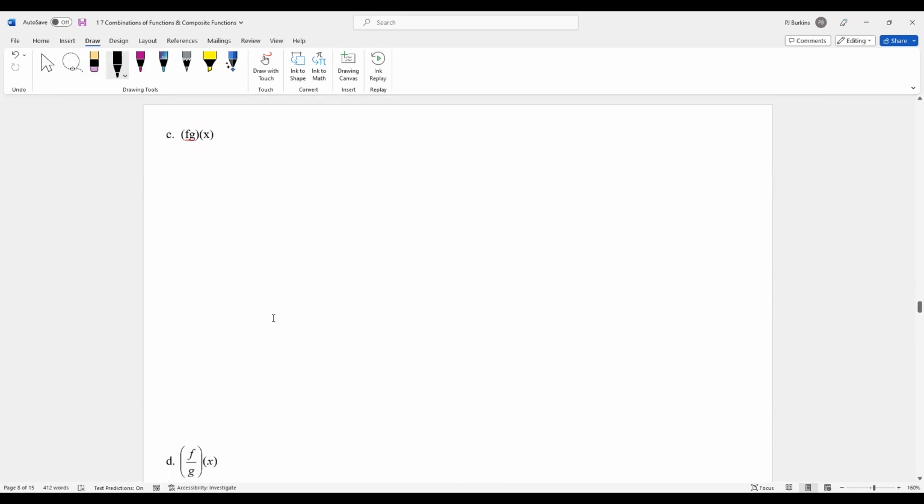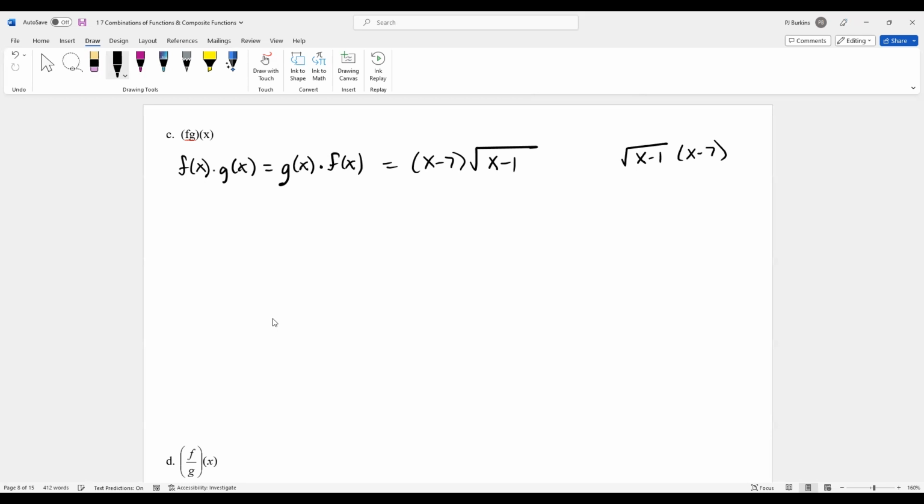What if we multiply the two? Okay, so this is f of x times g of x, and I'm going to take the property that I can commute these, because it just looks better if I write x minus 7 times the square root of x minus 1 as opposed to this. And this just saves us from any problems with saying maybe this x minus 7 might be under the radical.